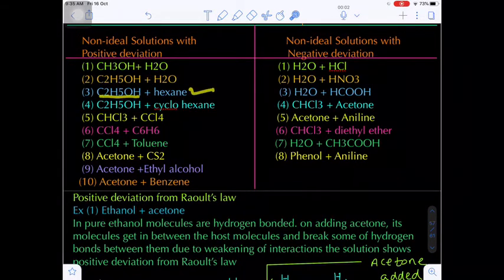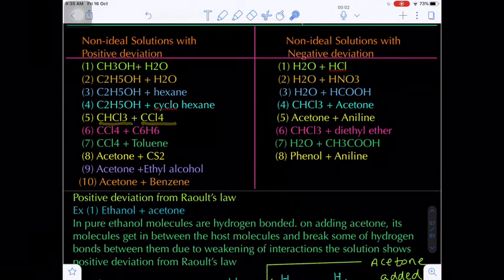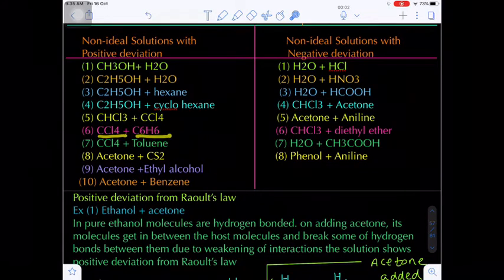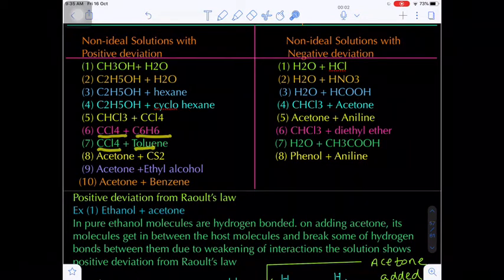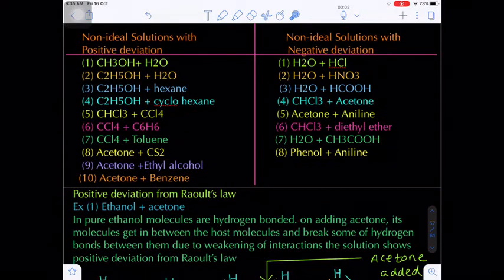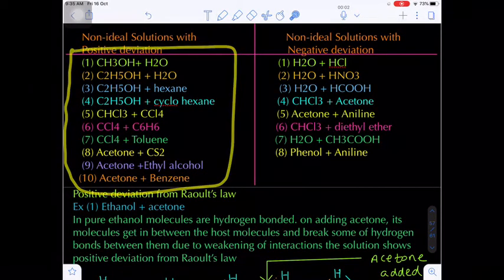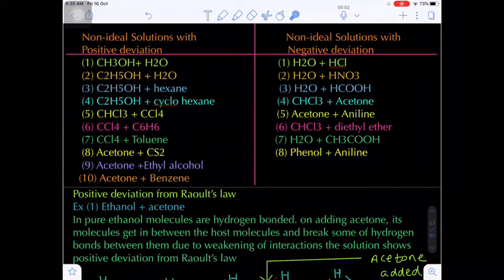Third example, ethyl alcohol plus hexane. Fourth example, ethyl alcohol cyclohexane. Next example, chloroform carbon tetrachloride. Next, carbon tetrachloride benzene, carbon tetrachloride toluene, acetone plus carbon disulfide, acetone plus ethyl alcohol, acetone plus benzene. So these are the examples regarding the non-ideal solutions showing positive deviation from Raoult's law.